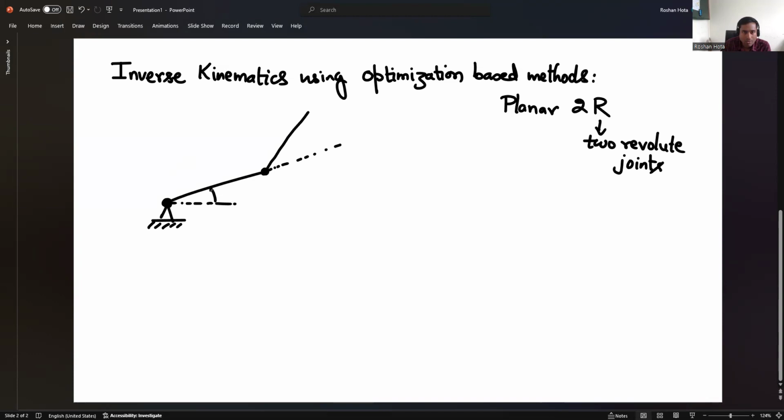So this robot has two revolute joints. The first one moves the first link by an angle θ1. The second revolute joint moves the second link with the angle θ2. So this is link 1 that has length L1. This is link 2 that has length L2.